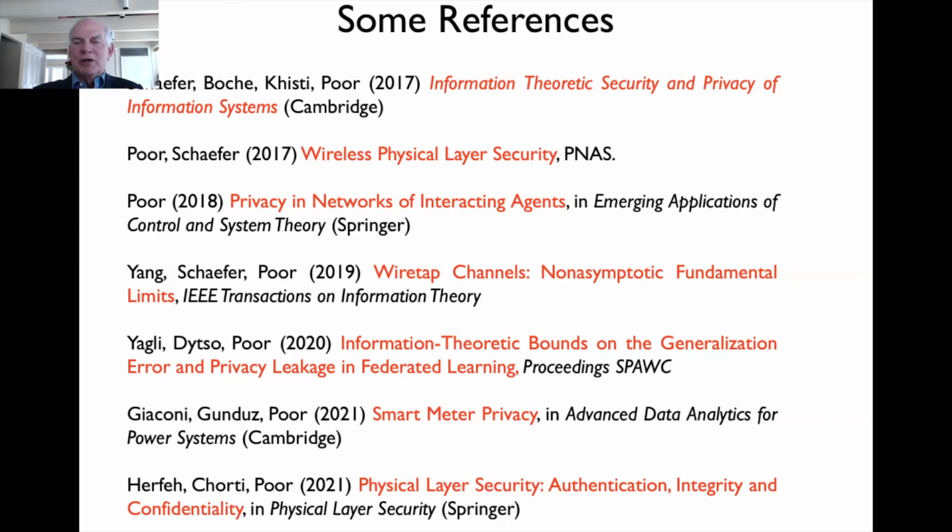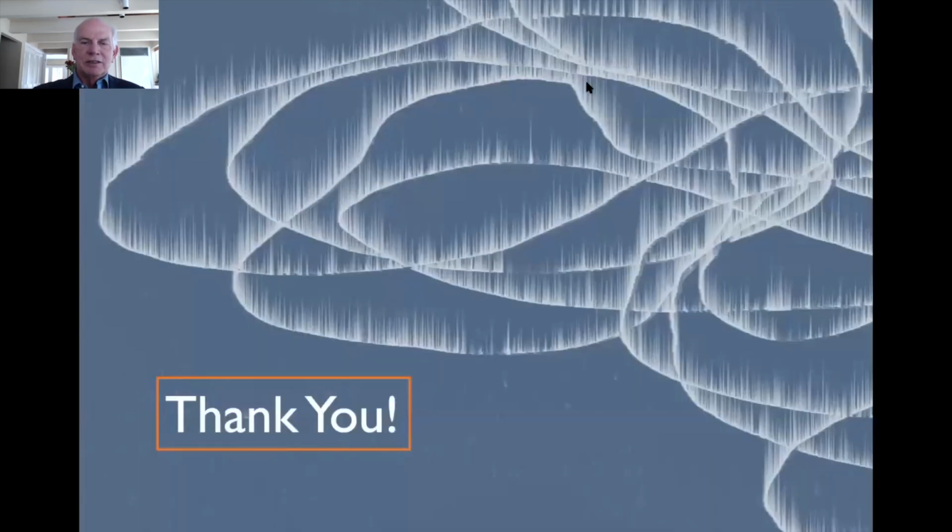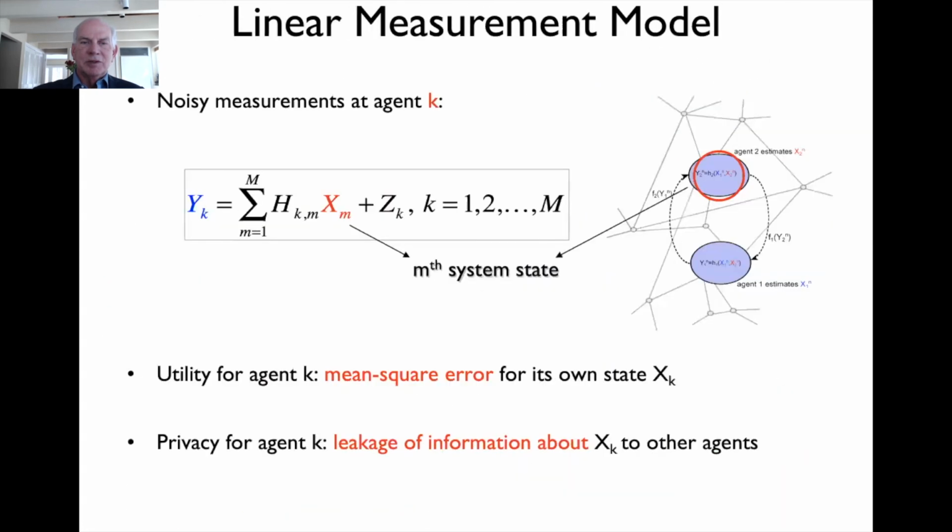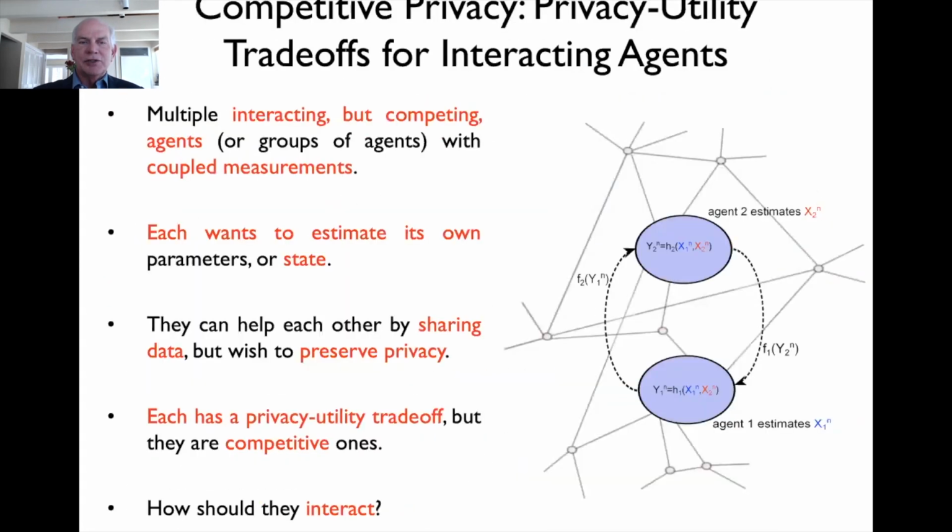Yeah, so I went very quickly over that, and I'm sorry, I just didn't have much time. Let me go back there and see if I can say a little bit more. So the idea here is, I started out talking about the privacy-utility trade-off for a single agent. Now, suppose you have two agents, and they're each trying to estimate some parameters of interest to them, but the two agents have coupled measurements.